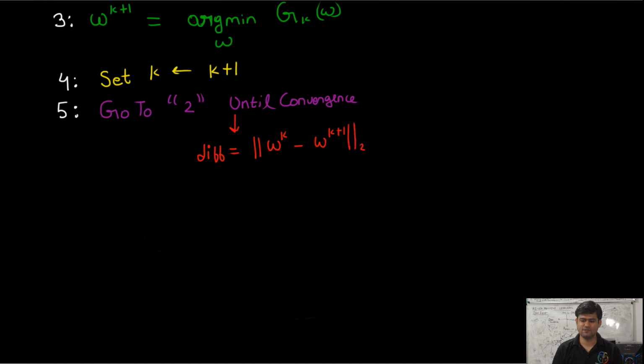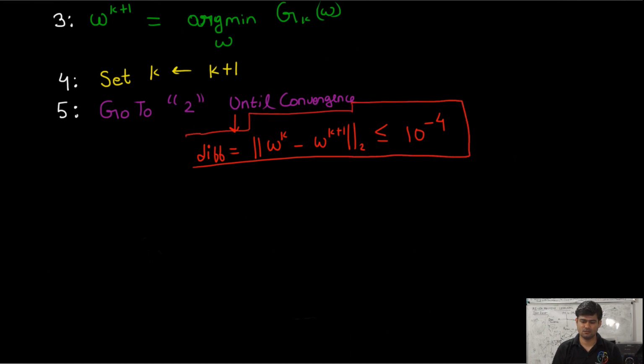And we can check if this is less than some small threshold value, which can be, let's say, 10 to the power negative 3 or 10 to the power negative 4. So if this condition is satisfied, then we stop the algorithm.